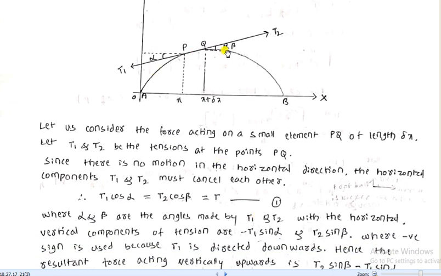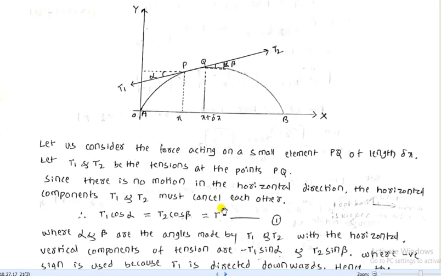Here alpha and beta denote the angles made by the tensions T1 and T2 with the x-axis or horizontal line, and these are the vertical components of the tension at x and x plus delta x. The vertical components of the tensions are taken as minus T1 sin alpha and plus T2 sin beta.